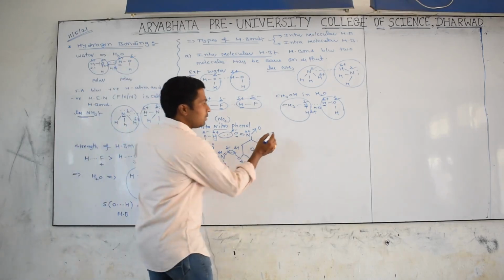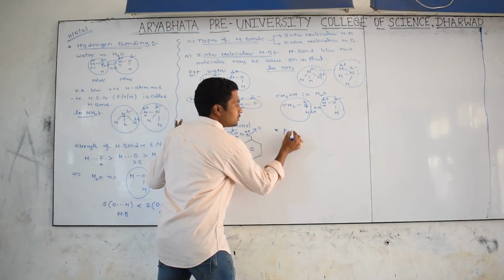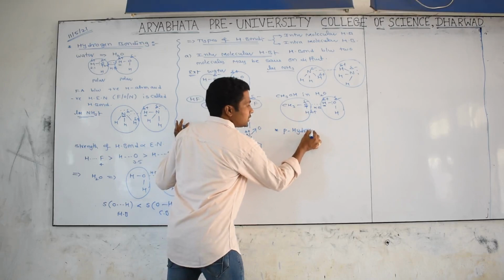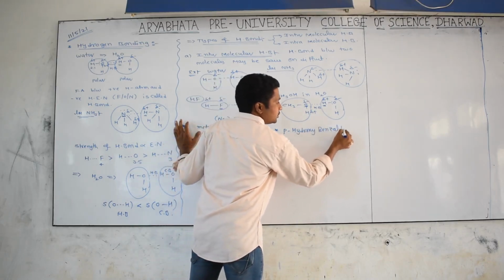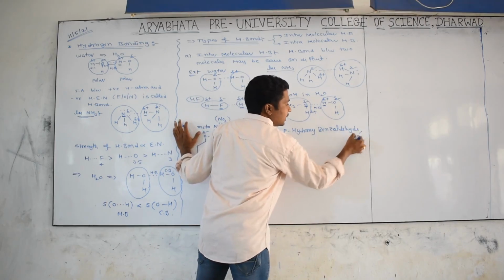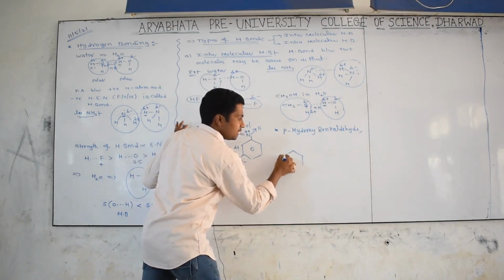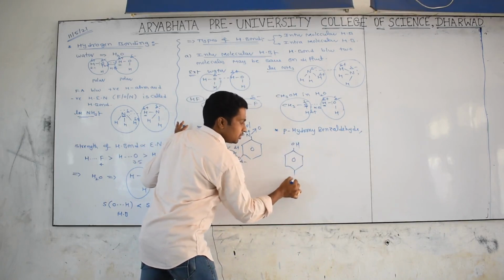Now I will take one more example, para-hydroxybenzaldehyde. I think you learned all these in organic chemistry. You take benzaldehyde, with OH and benzaldehyde.